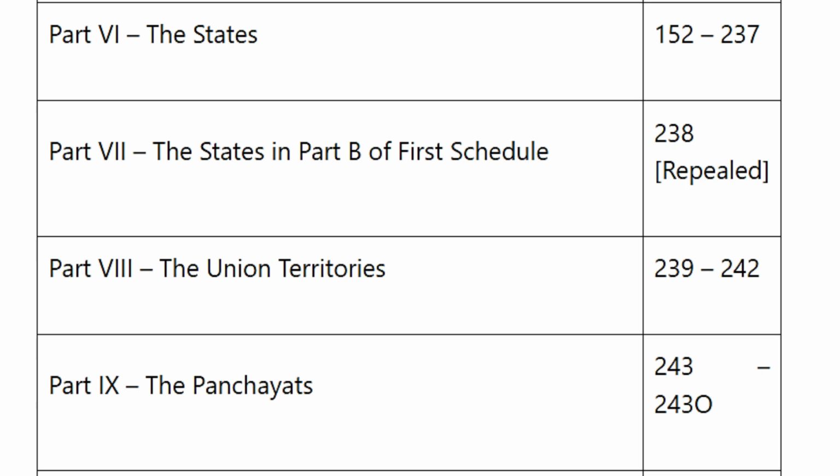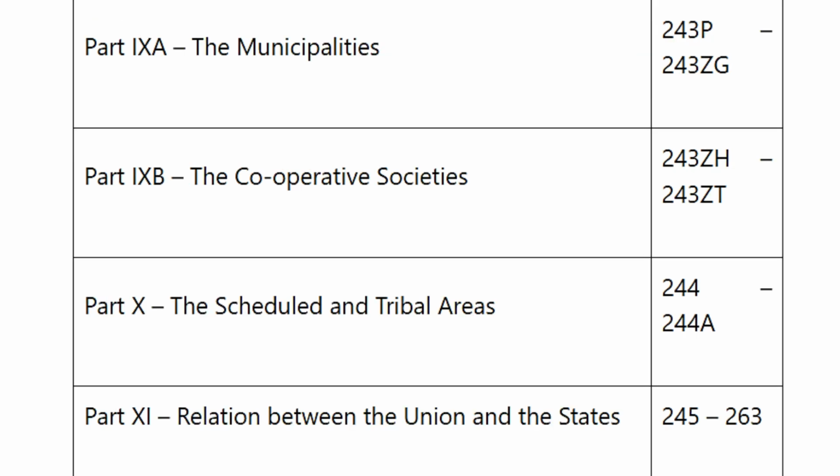Part 8, the Union Territories: 239 to 242. Part 9, the Panchayats: 243, 243A. Part IXA, the Municipalities: 243P, 243ZG. Part IXB, the Cooperative Societies: 243ZH, 243ZT.